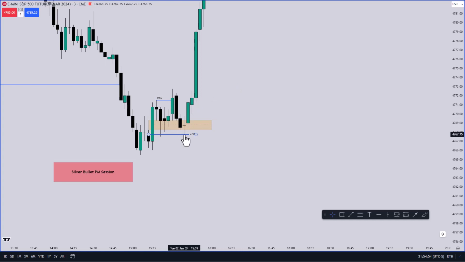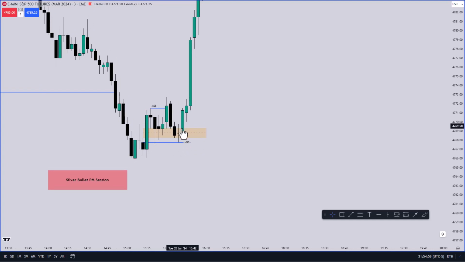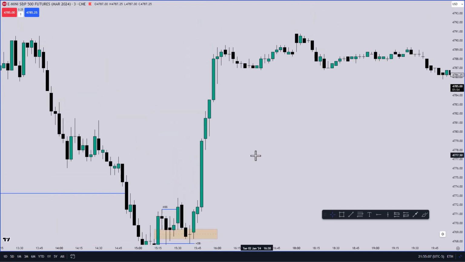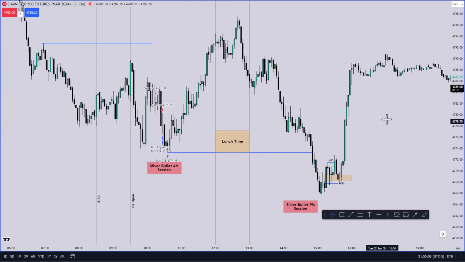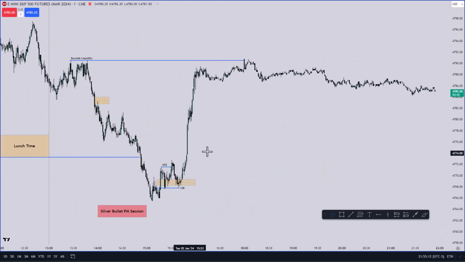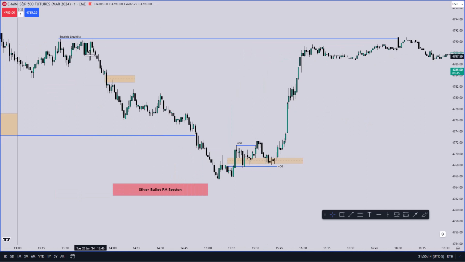It does touch the order block right here, the opening price. Once it does that, it uses the fair value gap low perfectly, covers the entire fair value gap, and then goes up higher. As I previously mentioned, go back on the 1 minute: it took out the buy side that was originally created between 1327 and 1347, the clean highs, eventually aimed for that, and the candle actually after hours at 1800.